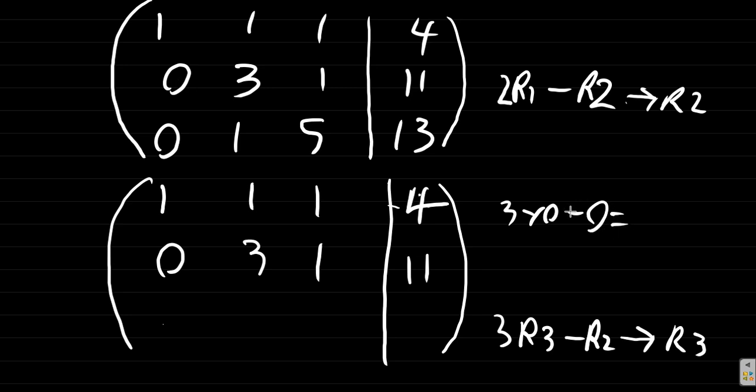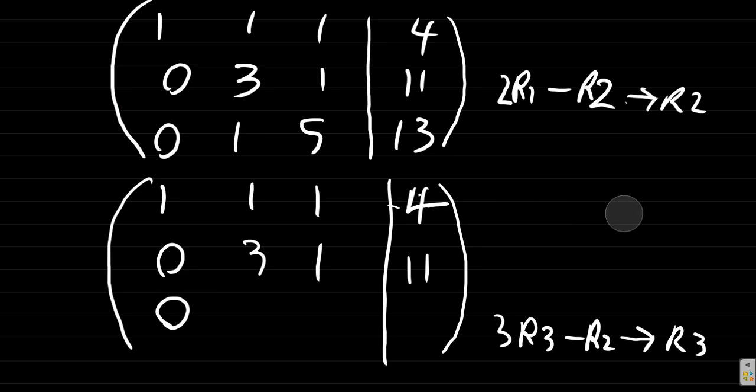So you see the zeros are safe. Both these zeros are quite safe. Can't do anything to them again. No matter how much you multiply numbers, no matter how much you add or subtract, row 2 and 3, those zeros are safe. So 3 times 0 minus 0 is 0. Alright?